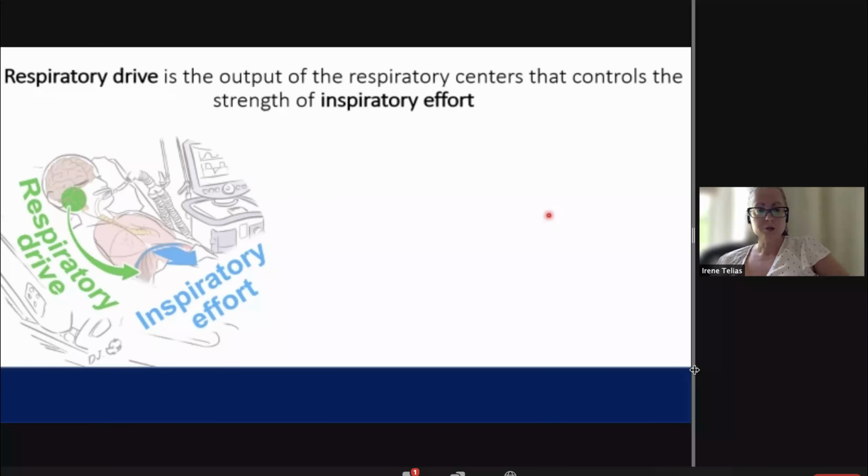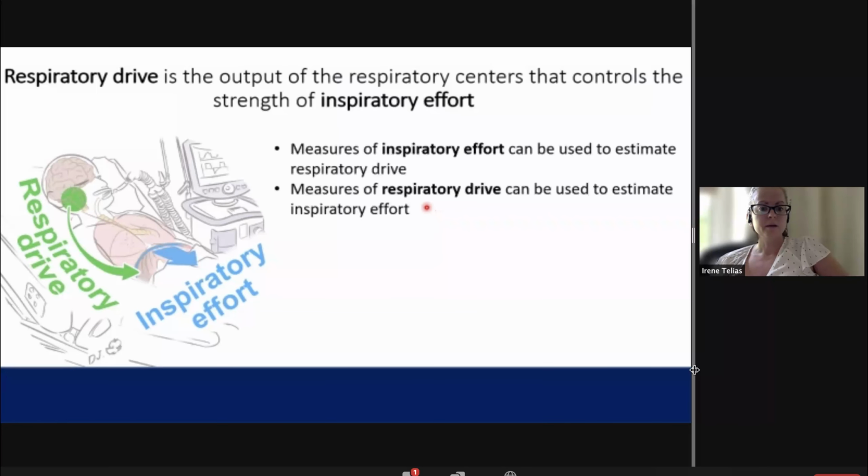Based on what I showed you, because of the close relationship between drive and effort, measures of inspiratory effort, like diaphragmatic ultrasound or esophageal pressure, can be used to estimate the status of respiratory drive. And then measures of respiratory drive, like P0.1, can be used to estimate the amount of inspiratory effort.